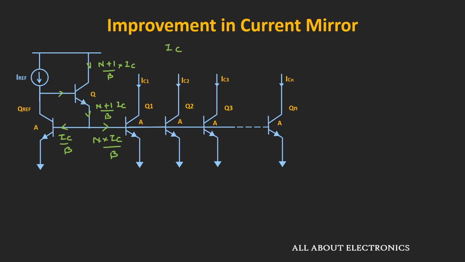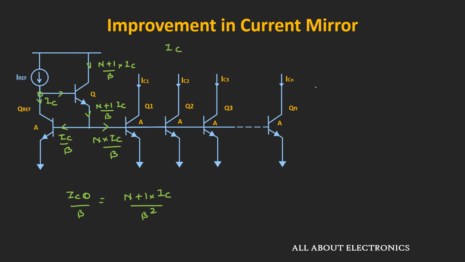So if we see the base current of this transistor Q, it will be equal to ICQ divided by beta, that is equal to n plus 1 times IC divided by beta square. And of course, this current over here is equal to IC. So to find the value of current IC, let us apply KCL at this node.